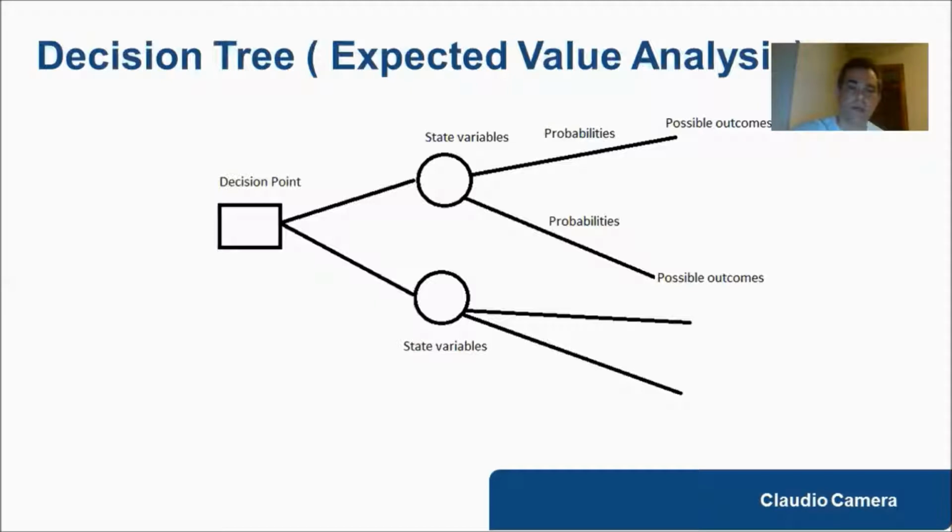So, explaining this, you already know the elements that make up the tree, which are decision points, state variables, probabilities, and possible outcomes. So let's put our data into this tree, and we'll explain how it works.